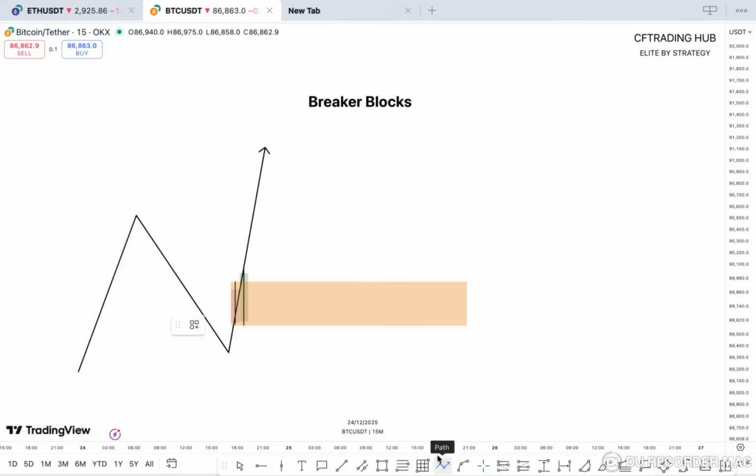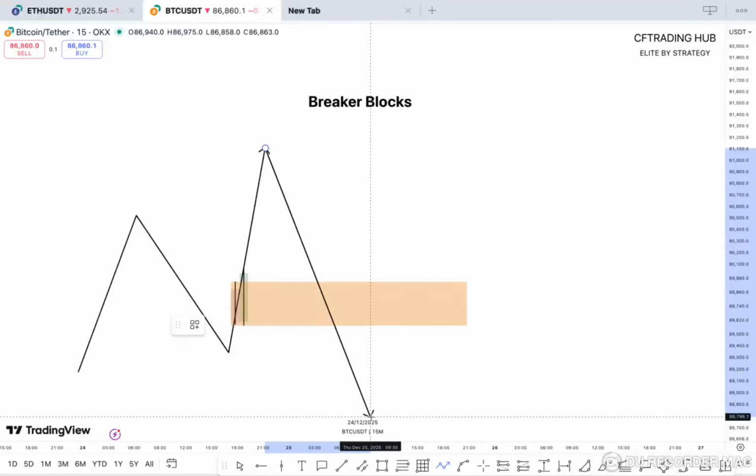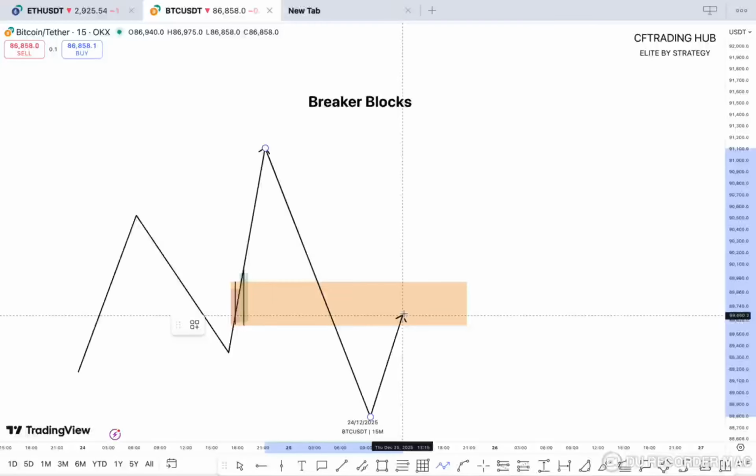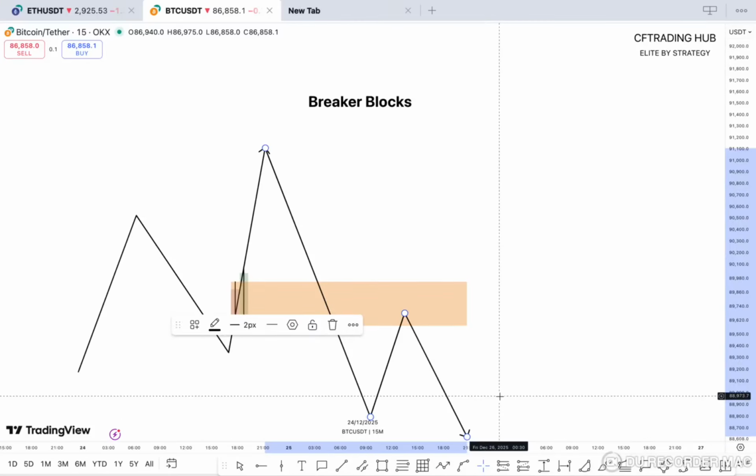Now the normal, regular expectation is to see a pullback into the particular order block, mitigate it, and sponsor the next upside. Now in this scenario, we want to see a break of that particular order block with displacement, with fair value gaps. After that, what happens? We want to see a test back into this.